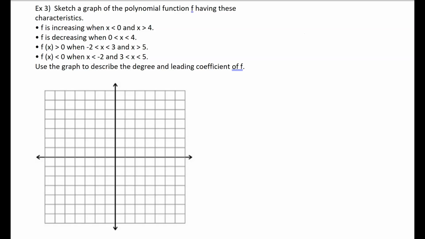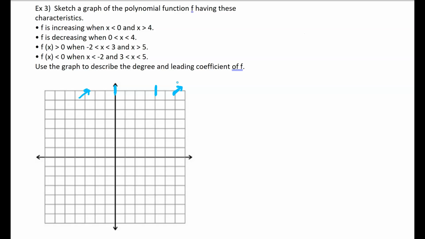So I'm going to mark off 0 here, and I'm also going to mark off 4. 1, 2, 3, 4. We said it is increasing when x is less than 0, so I'm going to look to the left of 0 and put an up arrow here. That's telling me that the graph should be increasing. And also when x is greater than 4, so I'm going to come to the right of 4 and also draw a little up arrow here.